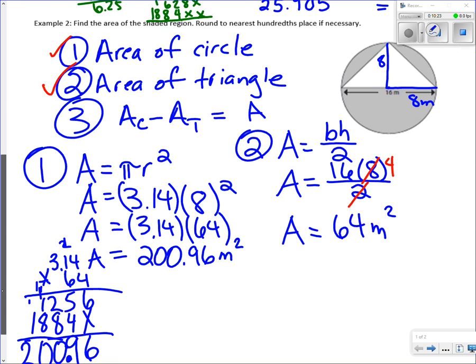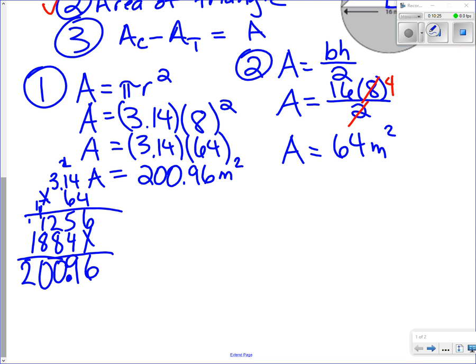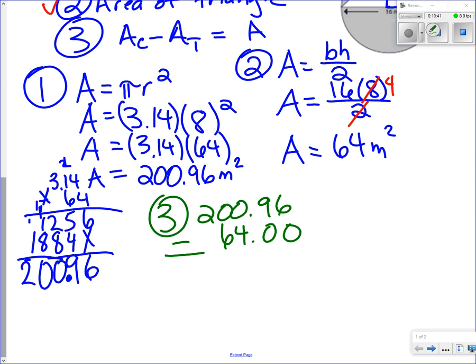Get a little more room here. Oh, there we go. Now I'm going to take the area of my circle and subtract my area of my triangle. So I have my step 3, 200.96 minus 64. Make sure you line up those decimals.